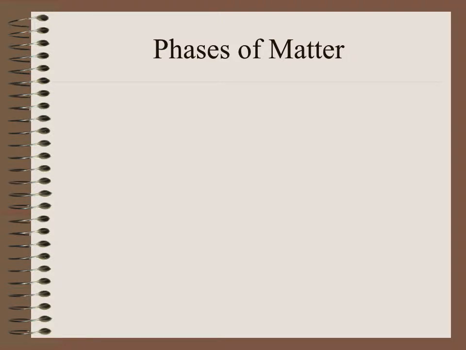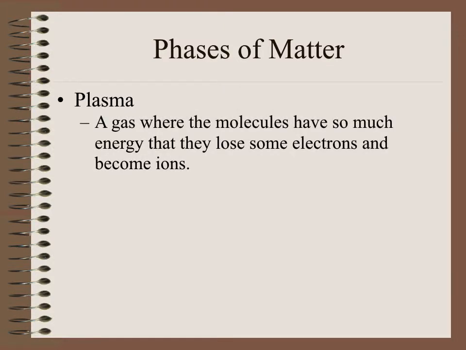The 4th phase of matter is what we call a plasma. And a plasma is something that you may not be familiar with. It has nothing to do with blood. In actuality, it's a gas where the molecules have so much energy. So think of gas molecules bouncing around all over the place. But the molecules have so much energy they lose some electrons and become ions.